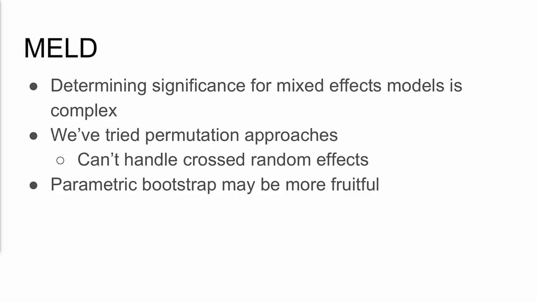And we're definitely going to do some more work trying to explore how we can determine significance in these models. Our first pass was a permutation approach. The problem you run into permuting in a mixed effect space is if you permute items, then you're not accounting for subject level variance. Permute subjects, you're not accounting for item level variance. And then if you permute both and you've broken both relationships, that's not valid either.